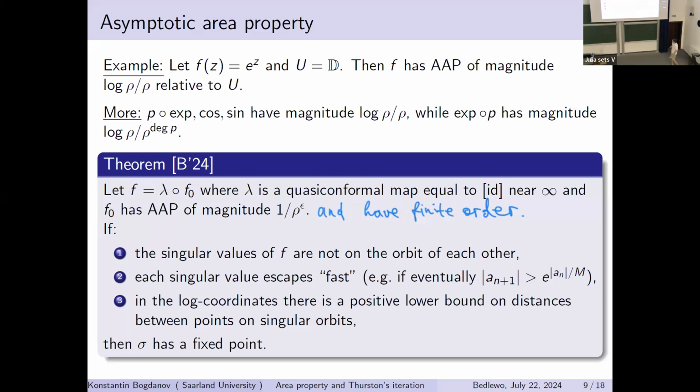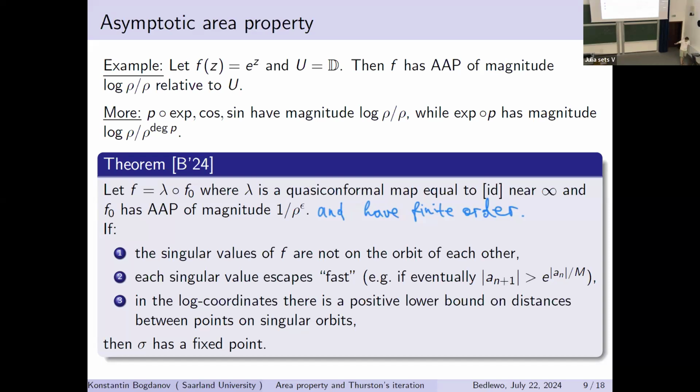Then if the following conditions are satisfied, then sigma has a fixed point. Let me talk a bit about these conditions. They are quite simple to be fulfilled. First, the singular values are not on the orbit of each other, so that we cannot map one singular value to the other. The theory falls apart; it's just some special case. Second, each singular value escapes fast.